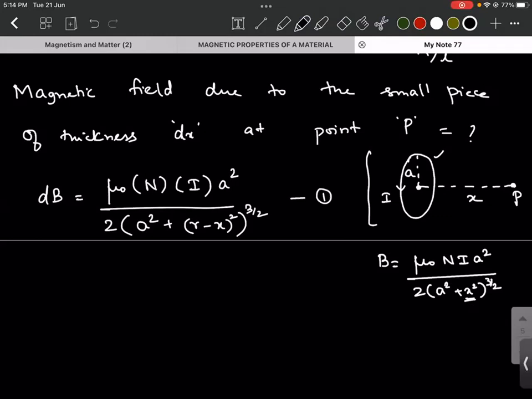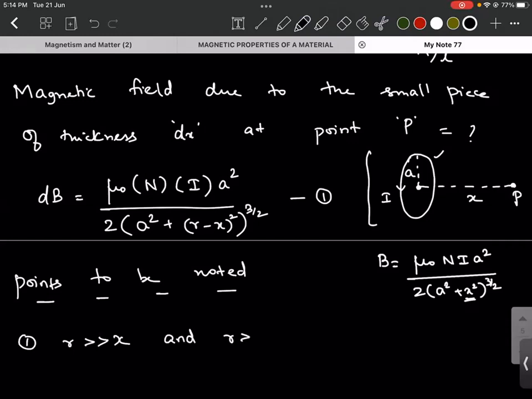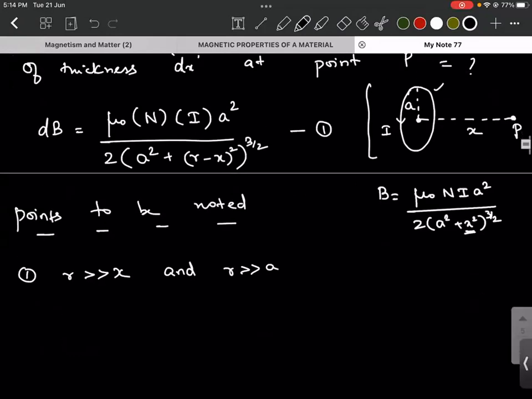Points to be noted are, first, R is very much greater than x and R is very much greater than a also, because this is a small solenoid. In the previous lesson, we learned about the magnetic field due to a solenoid, but there it was a long solenoid, whereas in this case it is a small solenoid. R is very much greater than a.